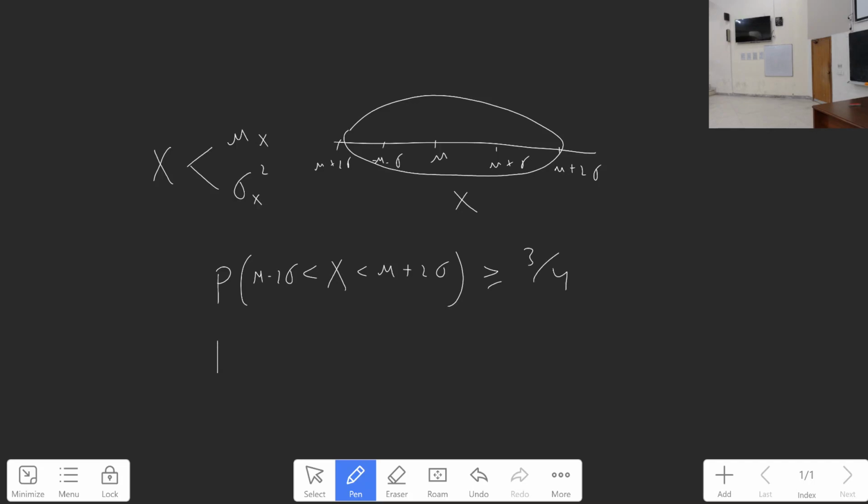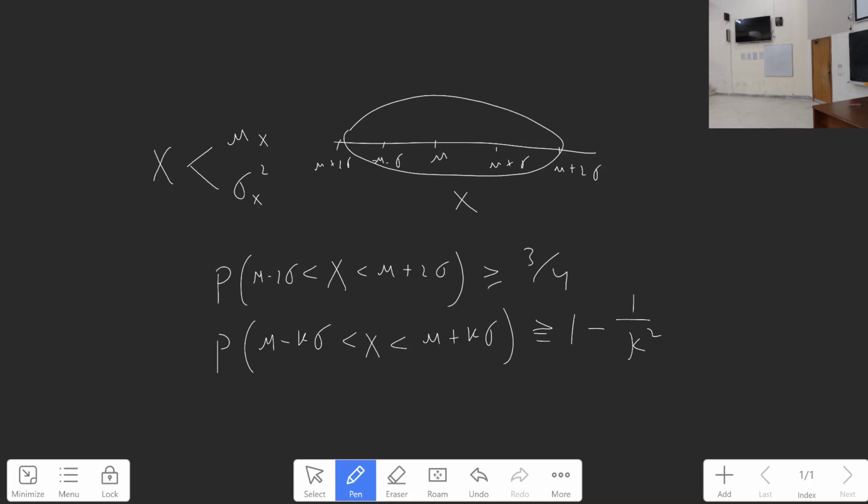In fact, the theorem says that we can tell you this for any number of standard deviations, k standard deviations. What are the chances that x takes a value within k standard deviations of its mean? It is greater than or equal to, because it is a lower limit, 1 minus 1 over k square.